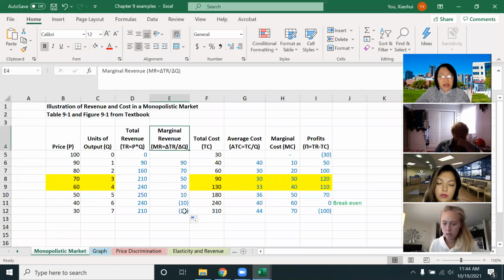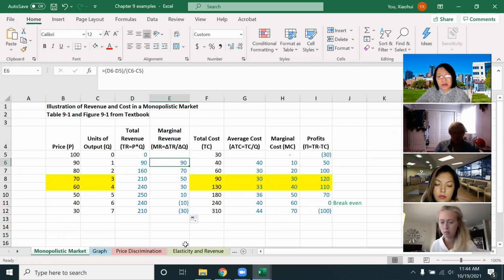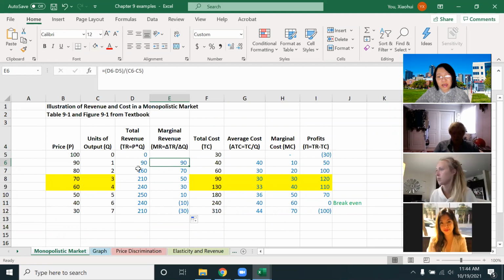This is how to calculate the marginal revenue: delta TR over delta Q. This is a fraction. The numerator is the total revenue, the second value minus the previous value. The denominator is the quantity, also the second value minus the previous value.